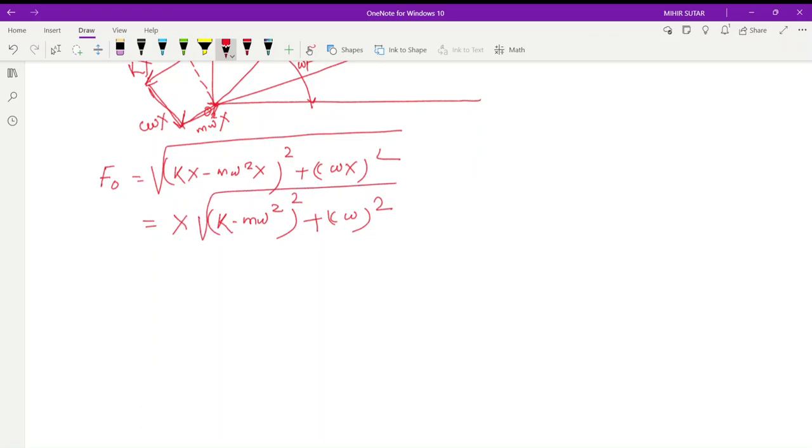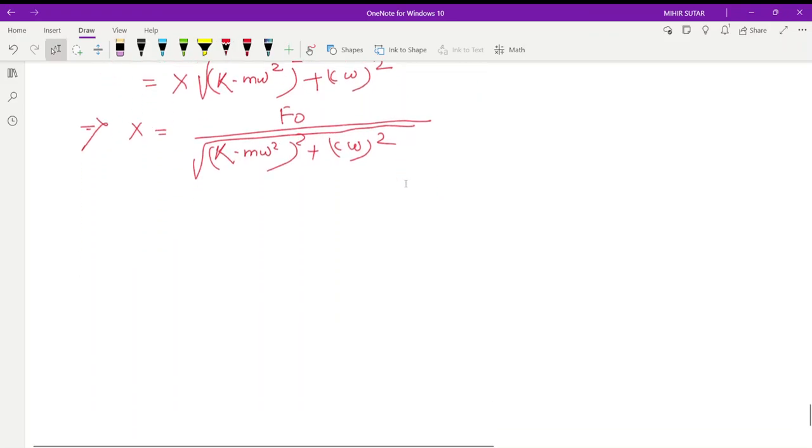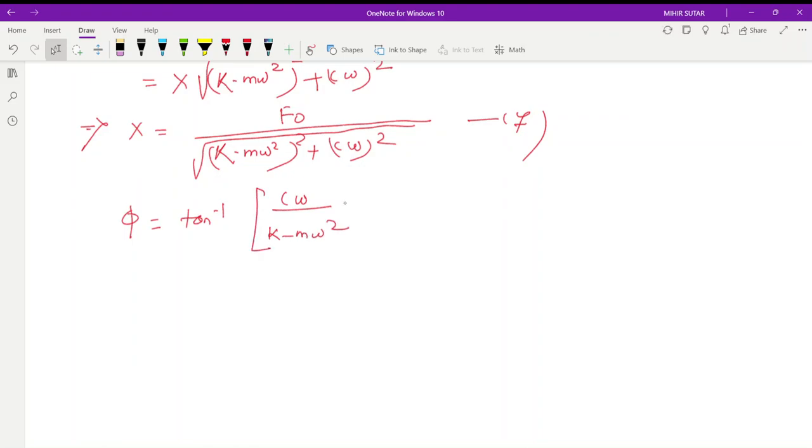So the amplitude x will be F0 divided by square root of k minus m omega square whole square plus c omega square. Let this be equation 7, and the angle phi will be tan inverse of c omega divided by k minus m omega square. Okay, this will be equation 8.